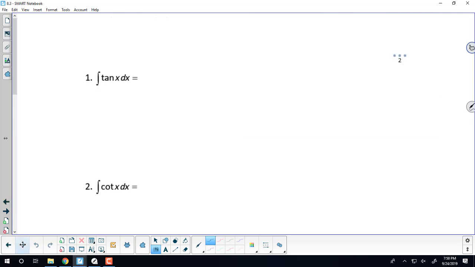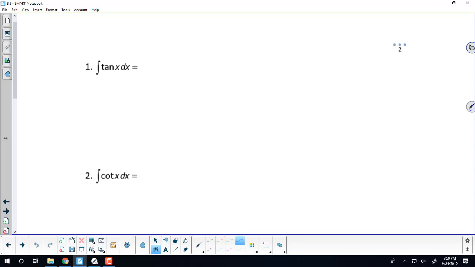The second page gives us, we've talked about a few of these, the antiderivatives of all of the other trig functions. Really we've just looked at sine and cosine at this point. I believe we addressed tangent and cotangent in 8.1 with that logarithmic form.